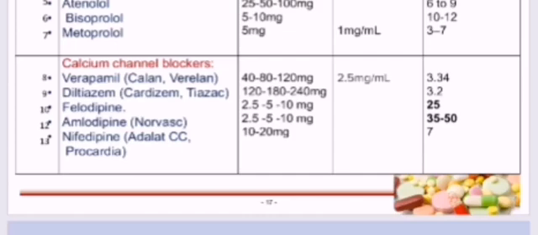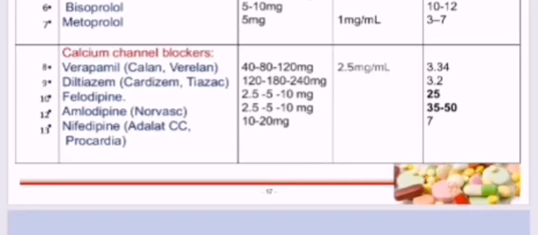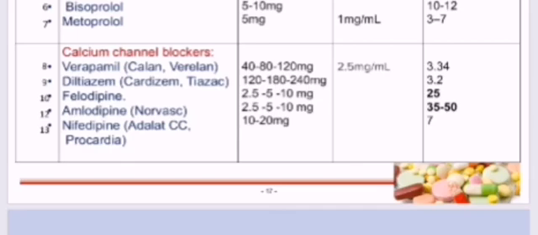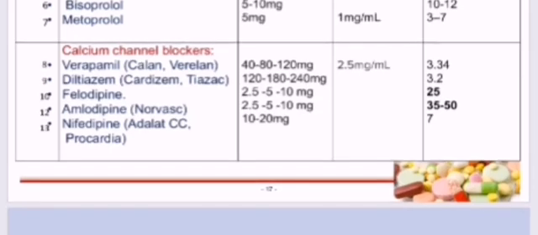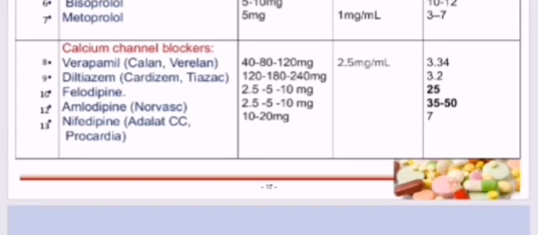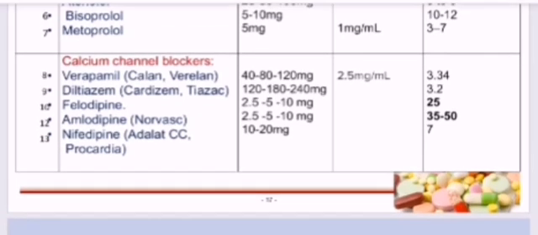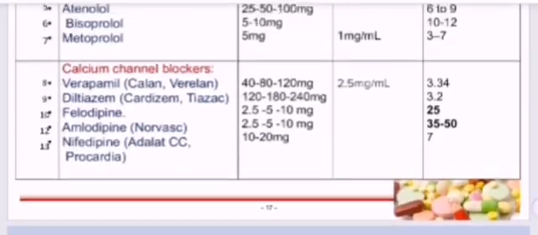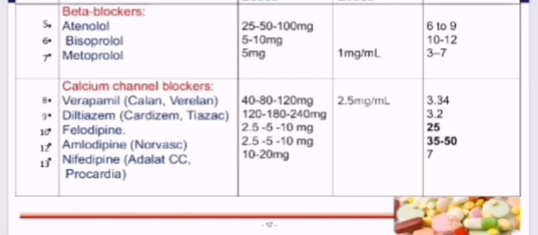Calcium channel blockers. Verapamil, 40, 80, 120 mg. Parenteral dose 2.5 mg per milliliter, having half-life 3.34 hours. Diltiazem, Cardizem, Tiazac have internal doses 120, 180 to 240 mg, having no parenteral dose.